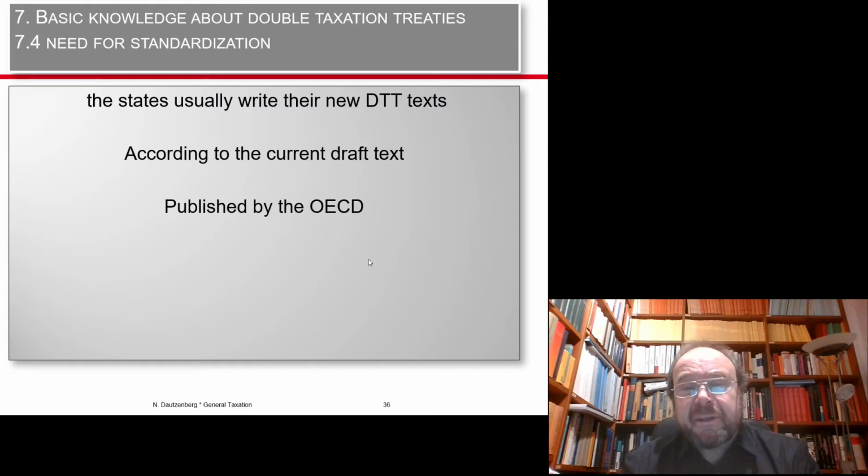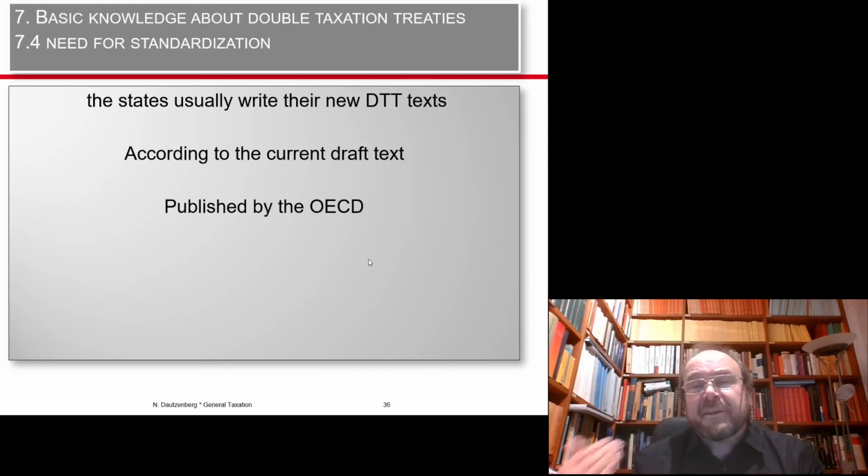So everything is strictly copied from the OECD Model Convention, where no modification is strictly needed. So that leads to the effect that 90%, 95%, or even 99% of all double taxation treaty texts are identical.